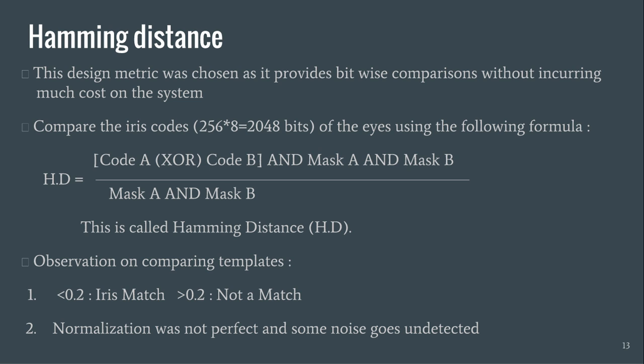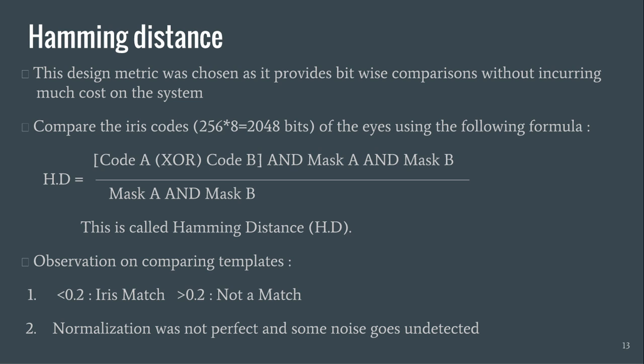And here is the formula for calculating Hamming distance, which basically takes the XOR of two iris codes and performs the AND operation with the mask of both the iris codes.